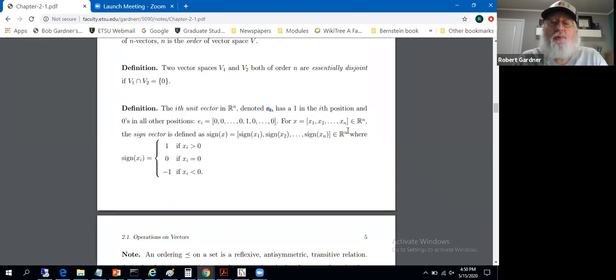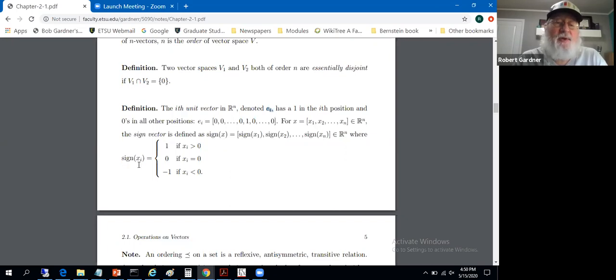For a vector with components x1 through x sub n, the sign is defined as a vector, sign of x, which is, first component is the sign of x1, which is plus or minus 1 or possibly 0. Sign of x2 up through sign of x sub n.